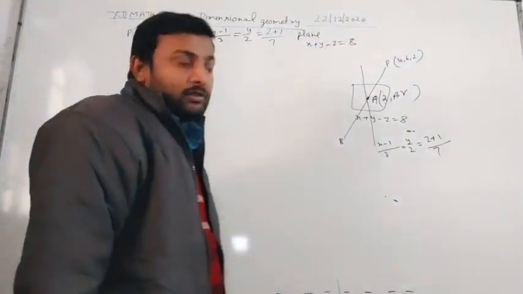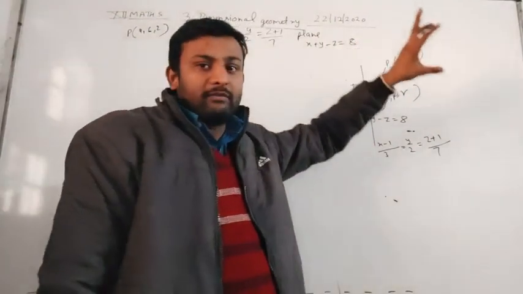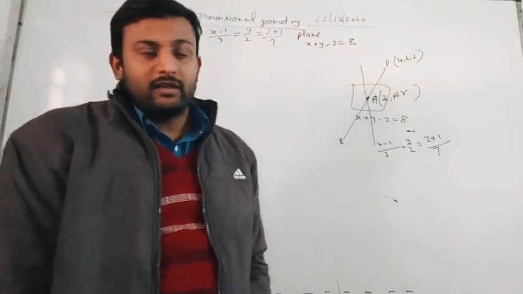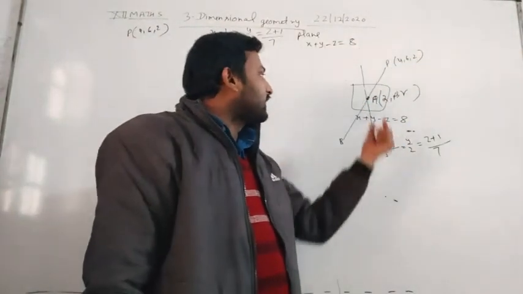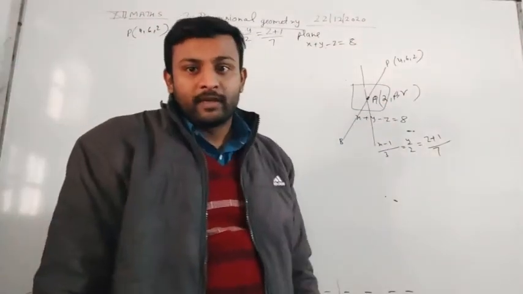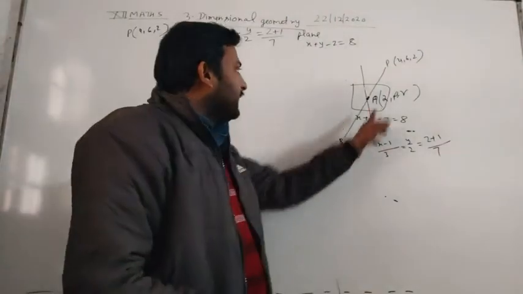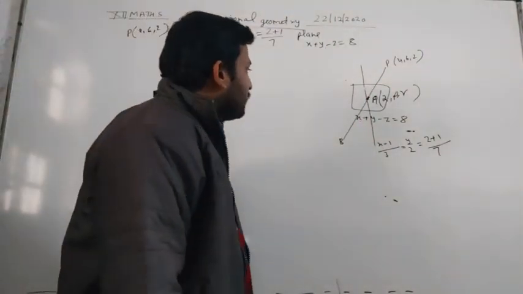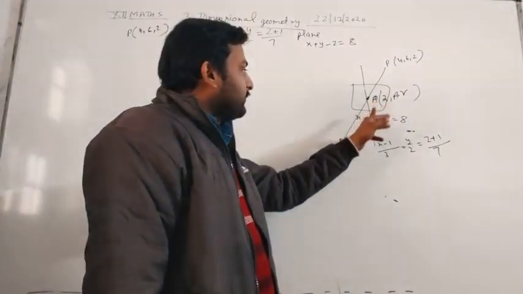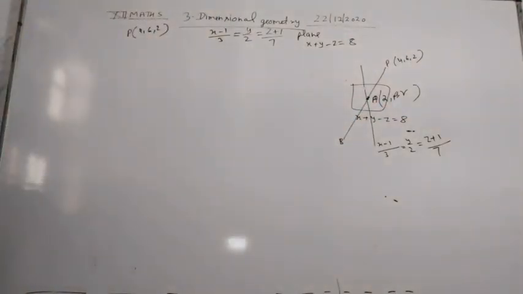If we are able to find this intersection point, then we can find the equation of the line passing through two points, because the first point is given, and we have to find the intersection point of the line and plane from where this line PAB is passing. So let's start.